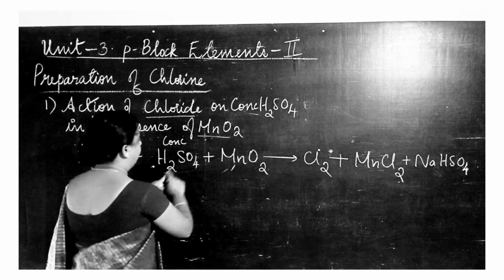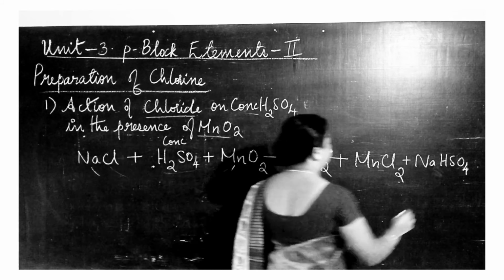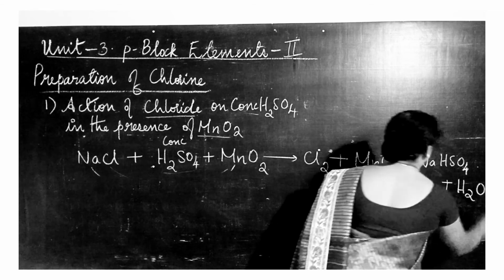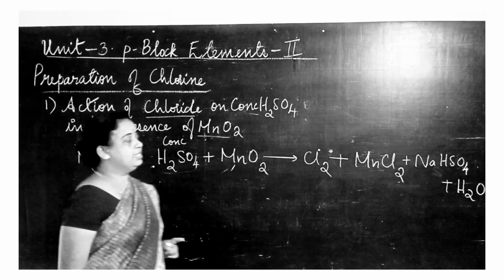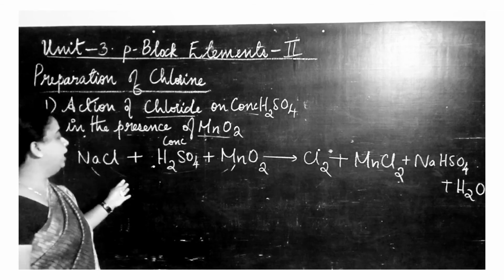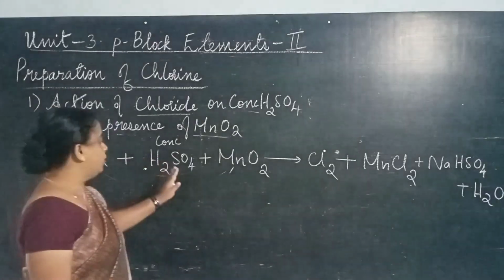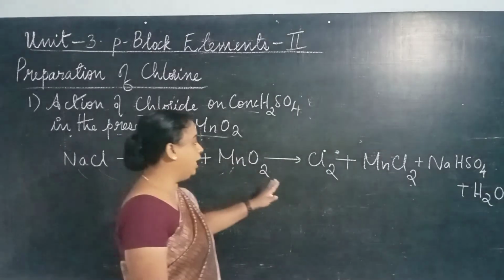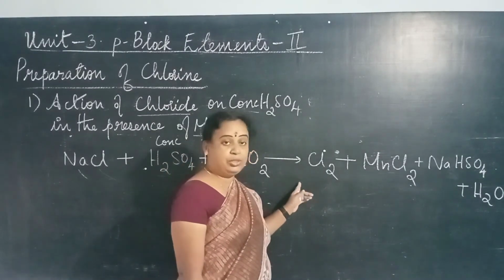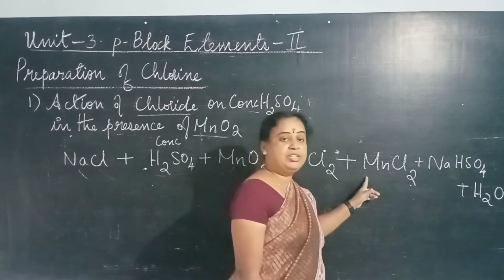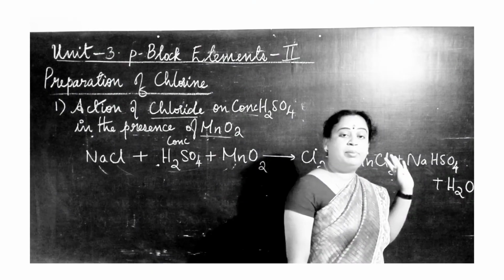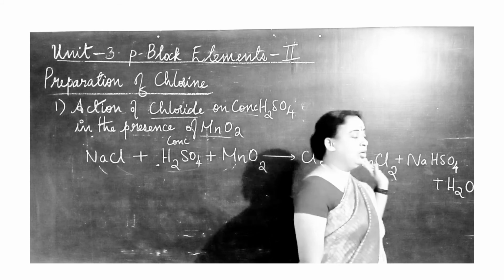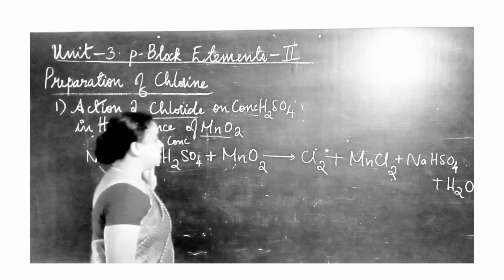Hydrogen and oxygen combine to form water molecules, H2O. So this is the end product after the reaction. NaCl reacts with concentrated H2SO4 in the presence of manganese dioxide to give chlorine Cl2, manganese dichloride, sodium bisulfate NaHSO4 and water. Now let us balance.